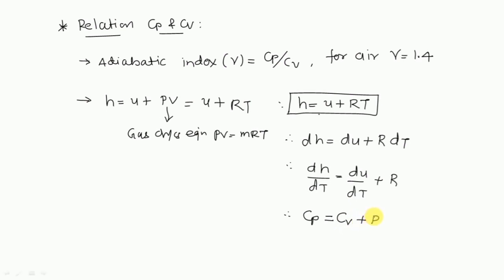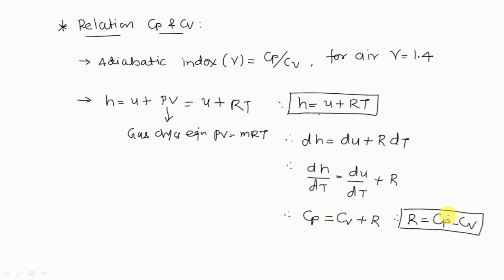Plus R. So simply we write R is equal to Cp minus Cv. So this is the first relation between R, Cp and Cv.